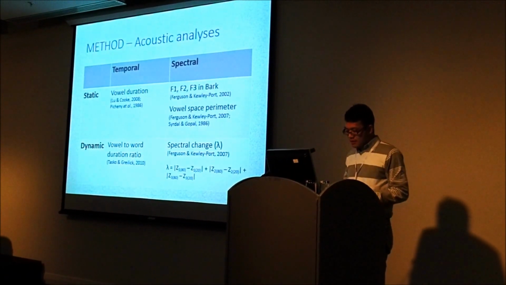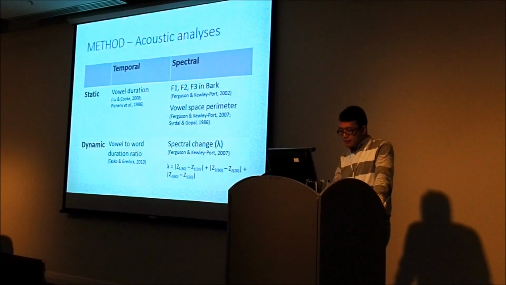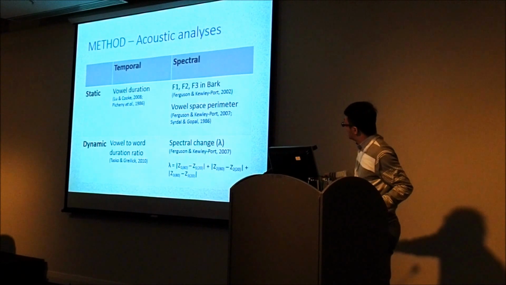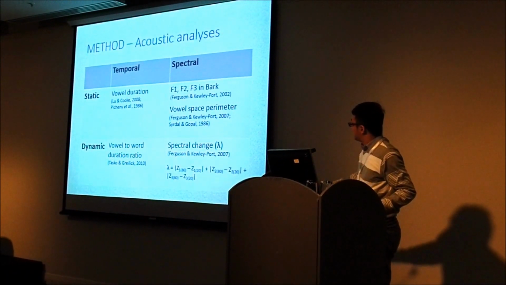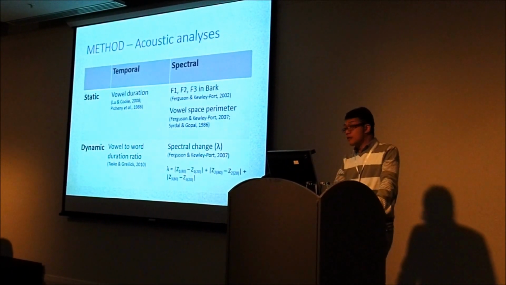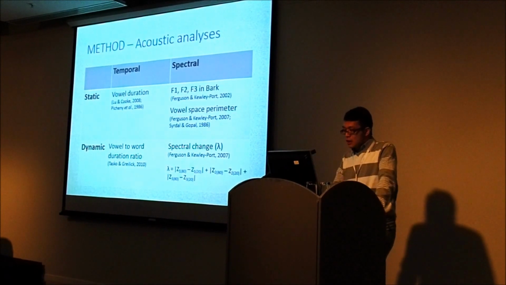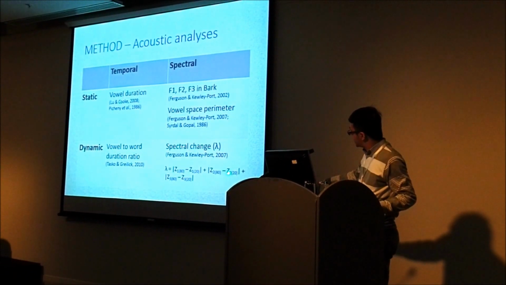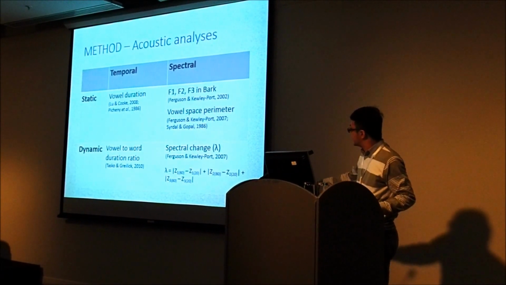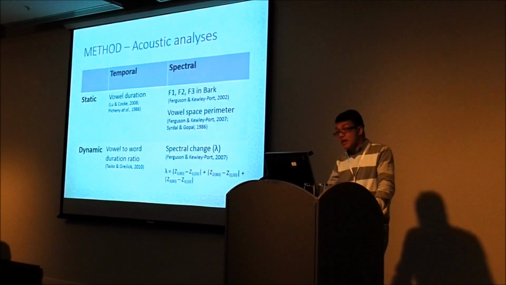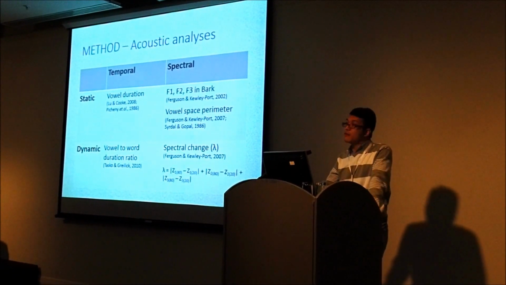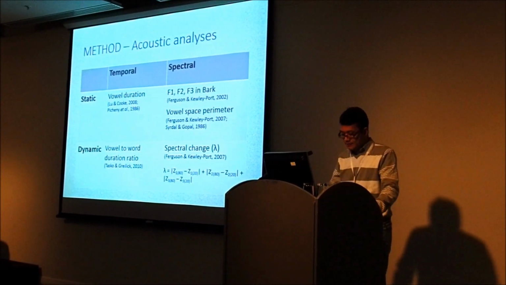The dynamic measurement compared the relative formant frequency changes between 2 time points, one at 20% and the other at 80% of the vowel portion. The changes of the first formant, second formant, and the third formant were added together to produce this spectral change value. And this value quantifies the dynamic formant movement that we are interested in.